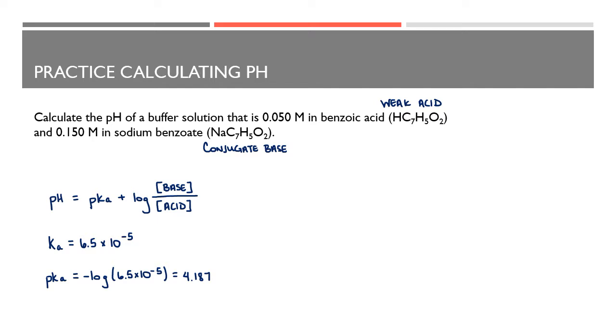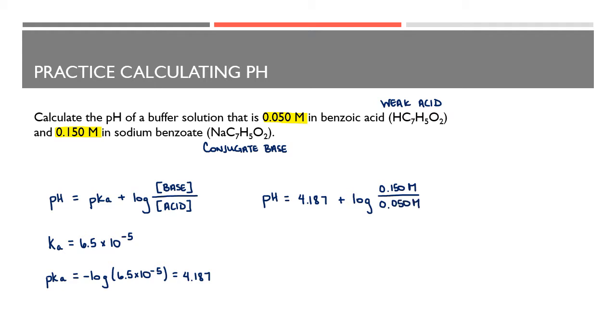So I have pH is equal to 4.187 plus the log of the concentration of our conjugate base. Our conjugate base is the NaC7H5O2, so that's 0.150 moles per liter. And the concentration of our weak acid, the benzoic acid, HC7H5O2, is 0.050 moles per liter.